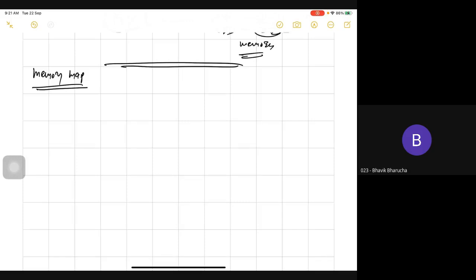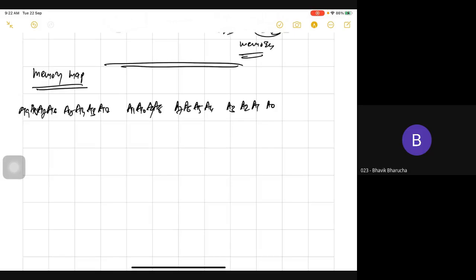So you need to draw like this: A0, A1, A2, A3, A4, A5, A6, A7, A8, A9, A10, A11, A12, A13, A14, A15, A16, A17, A18 and A19.